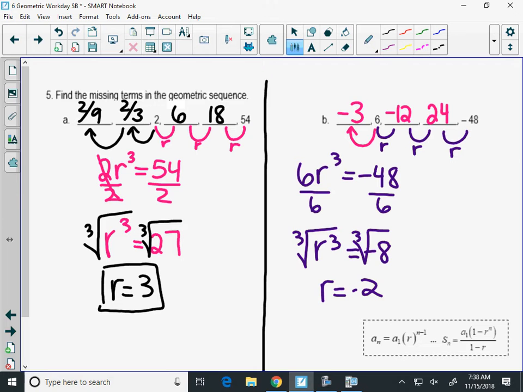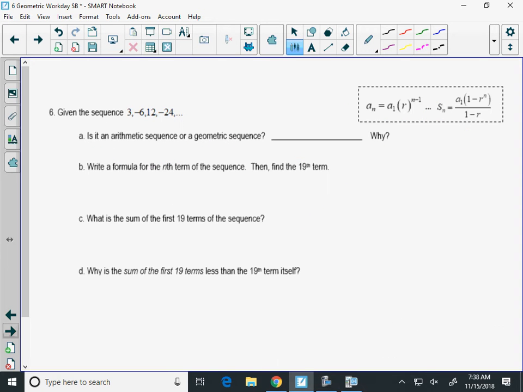All right, go ahead and flip your page over. We're on number 6 now. We are given a sequence, 3, negative 6, 12, negative 24. And I want to decide if this is arithmetic or geometric. Well, remember, arithmetic means that you add or subtract the same term every time. And a geometric sequence means you multiply by the same value every time.